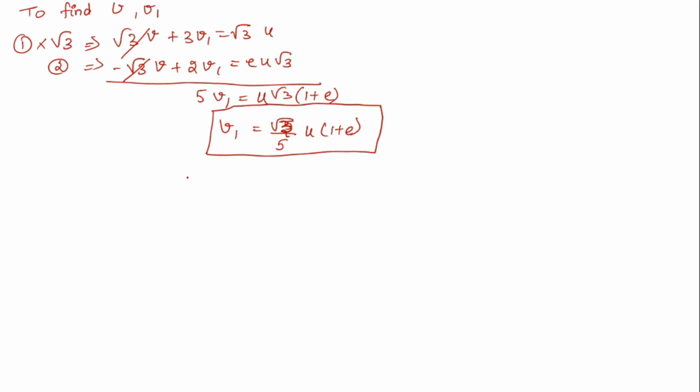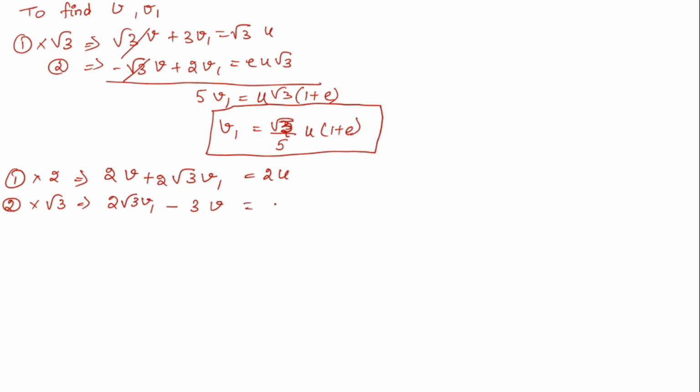Okay, we found v1. Next we are going to find v. Multiply the first equation with 2. So it will be 2v plus 2 root 3 v1 is equal to 2u. And multiply the second equation with root 3. It gives you 2 root 3 v1 minus 3v is equal to e into 3 into u, so it will be 3eu.